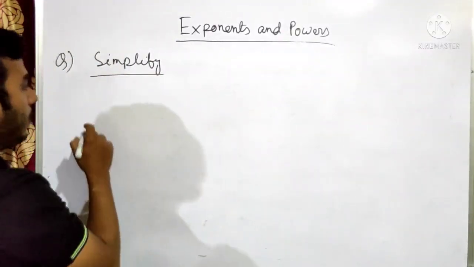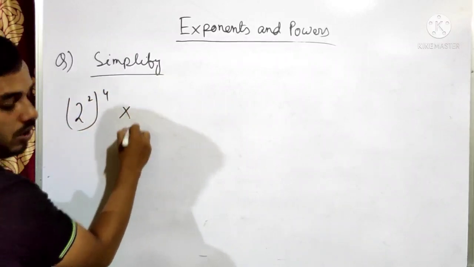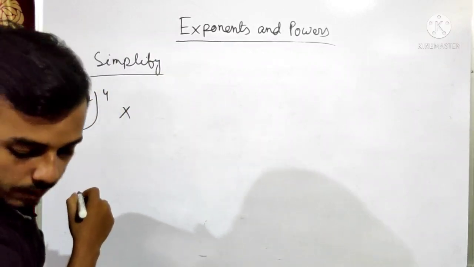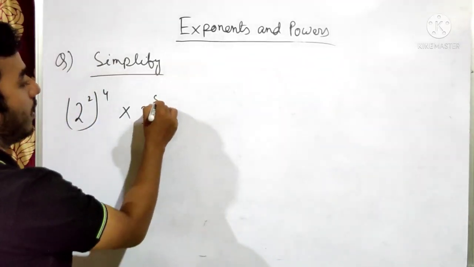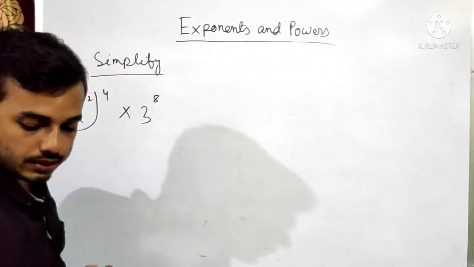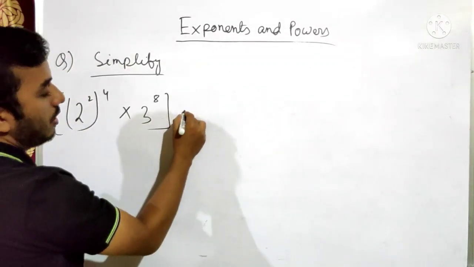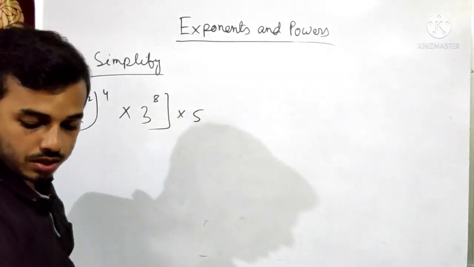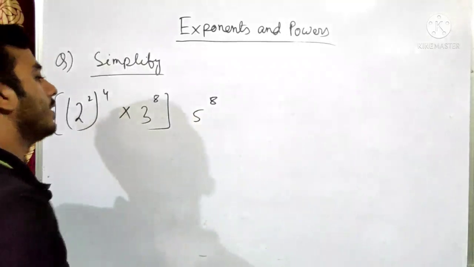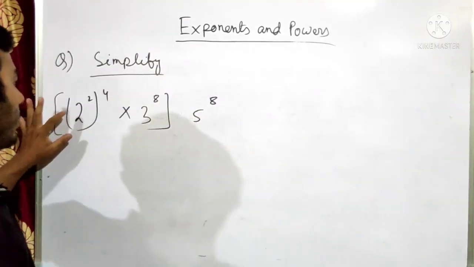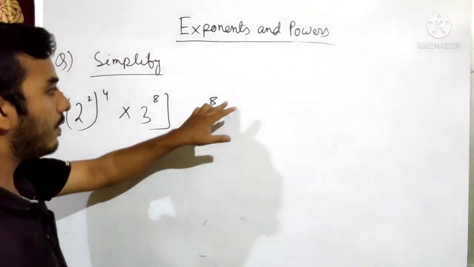Here we have 2 power 2 whole bracket 4 and 3 power 8 and 5 to the power 8.